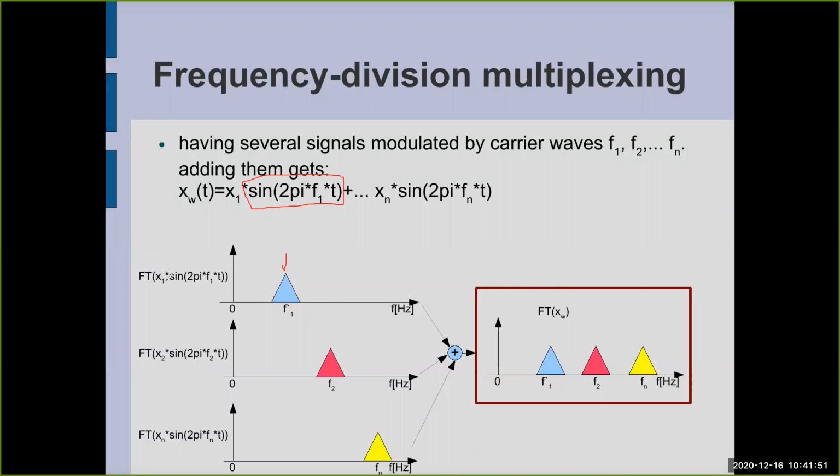In the spectrum, we will see that the spectrum of each particular signal was shifted in the frequency domain. So when we add the signals in the time domain and calculate the Fourier transform, you will see that all of the signals can be distinguished in the frequency domain.